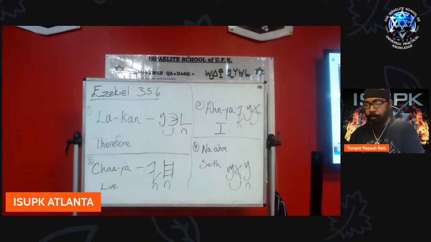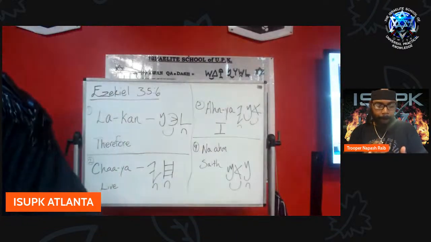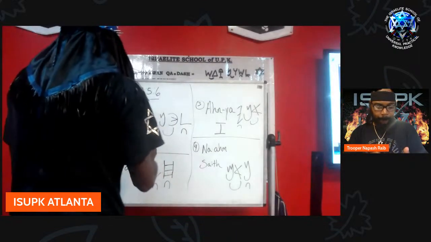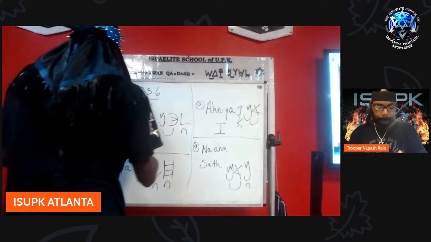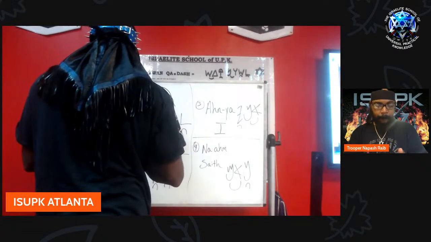Lakan means therefore. Kaya means live. Anya means I. Naam means say it. And for reference purposes, I'm also going to give you where you can find this in your concordance, so you know I'm not just putting something up here.